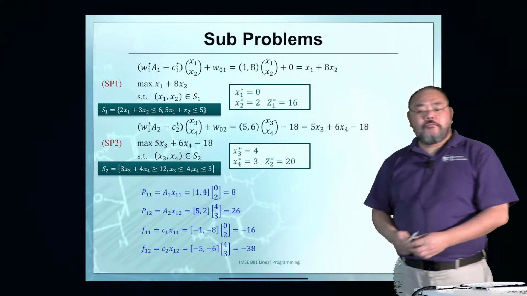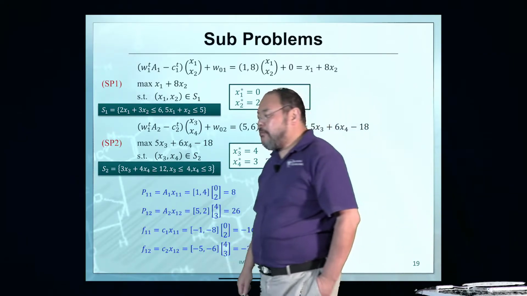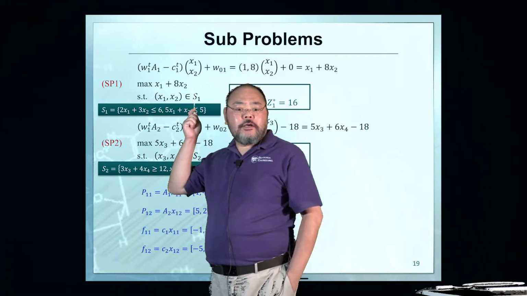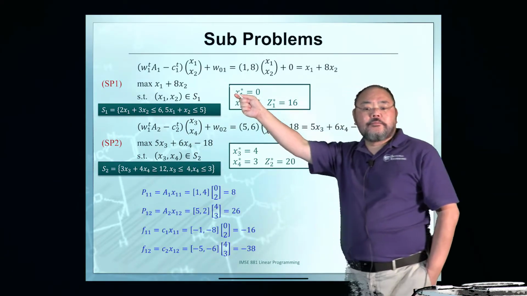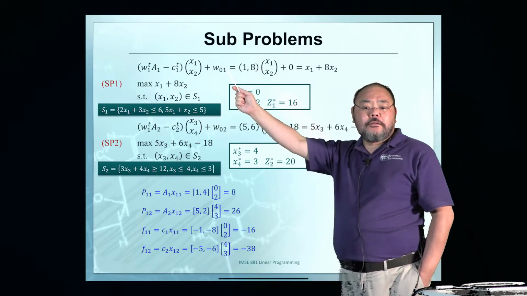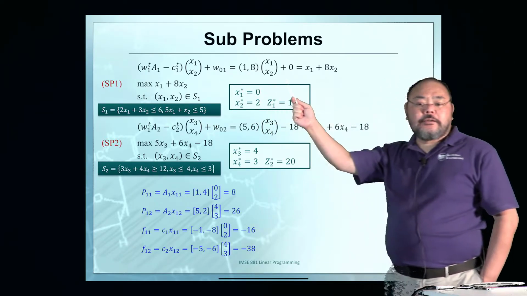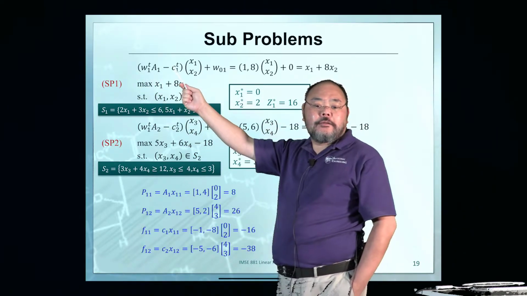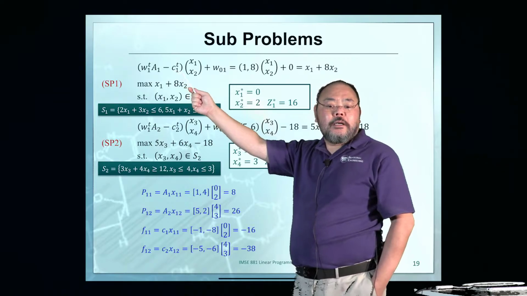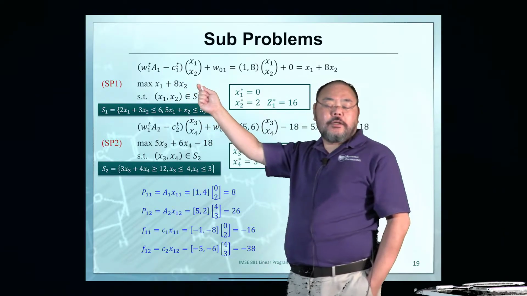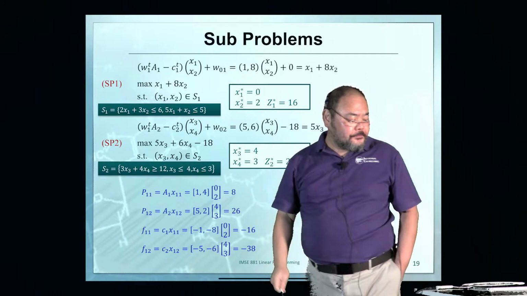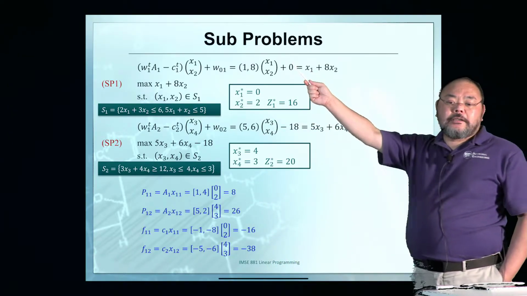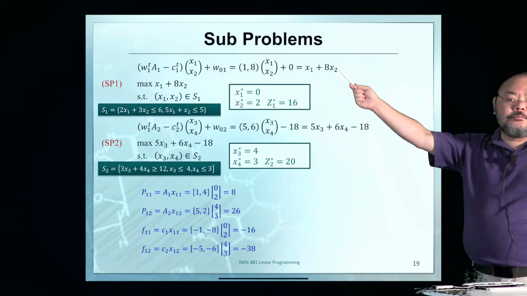Now for the subproblem, since I have two subproblems, we'll call them SP1 and SP2. SP1 only involves X1 and X2 right here, involving omega naught. This portion equals Zj minus Cj, omega transpose times A1 minus C transpose, equals 1 and 8 times X1 and X2 plus omega naught 1 equal to 0 for now.